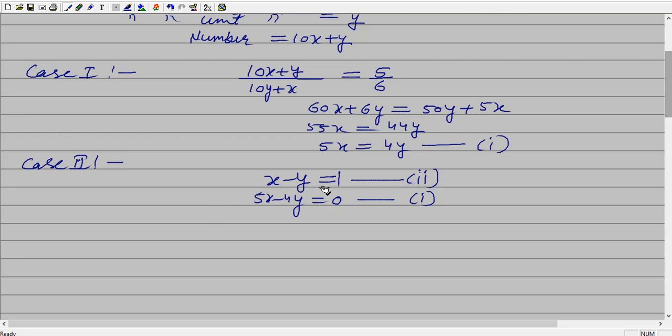So it is your duty. If you face any problem in simplification of x and y, especially this simultaneous linear equation, you can ask me, sir, please solve this, and I will solve it for you. From this part, you can do it yourself.